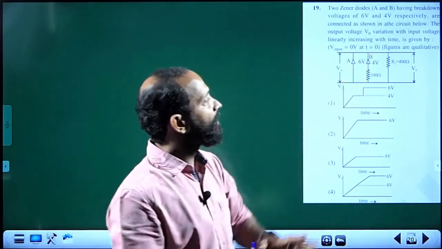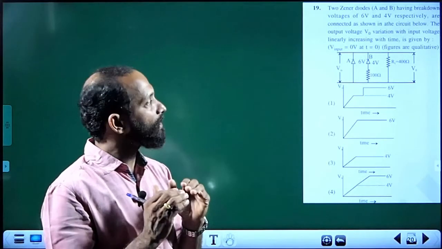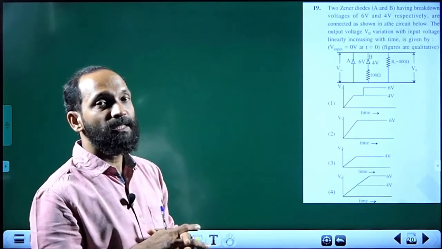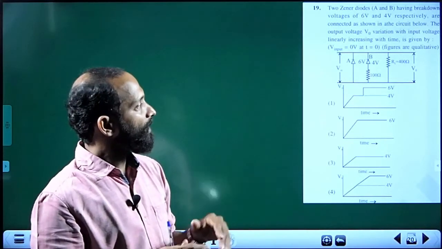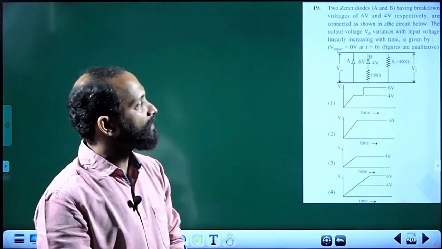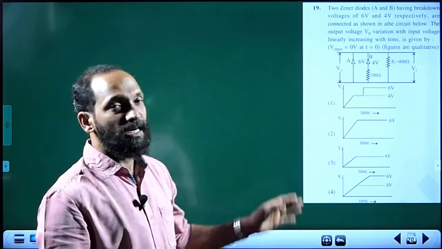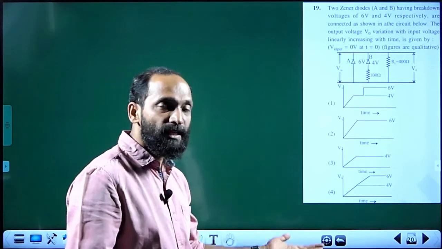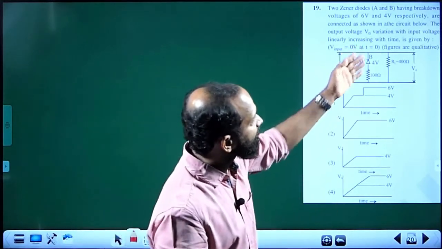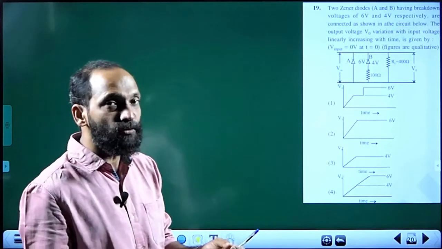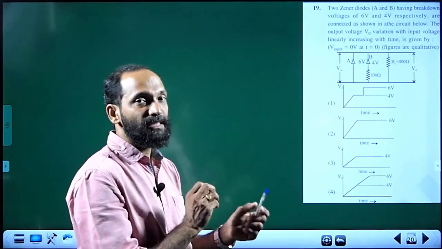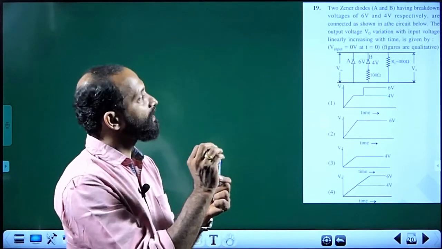6 and V are connected and a constant voltage is only available when the input voltage is greater than 6 volt. The input voltage is not constant, it increases as per the question, steadily with time.